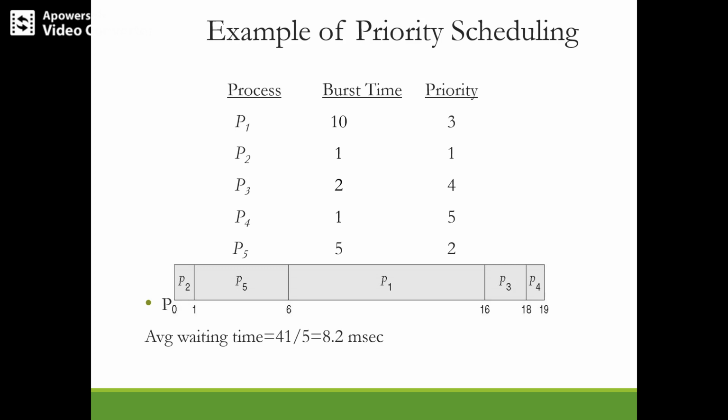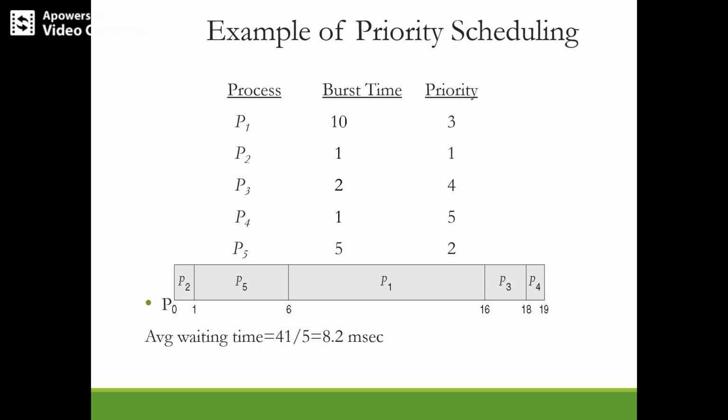So among P1, P3, P4, if we take in the first in first out manner, it is the process P1 which is having the highest priority, right? The next higher priority. So it completely executes for 10 milliseconds, and then after the completion of process P1, you have got process P3 which completely executes for 2 milliseconds.